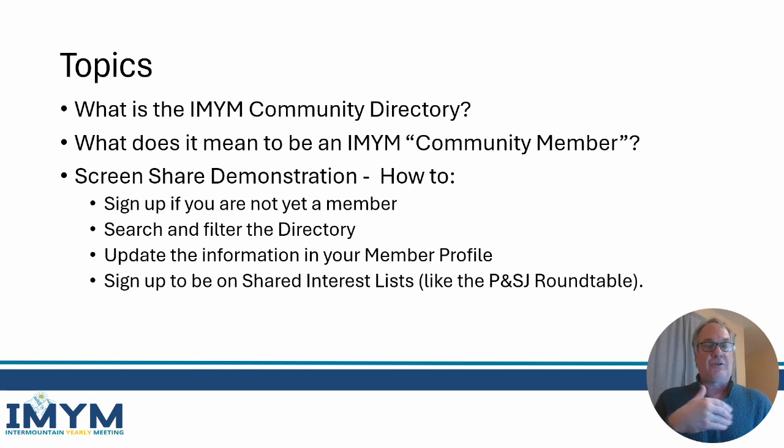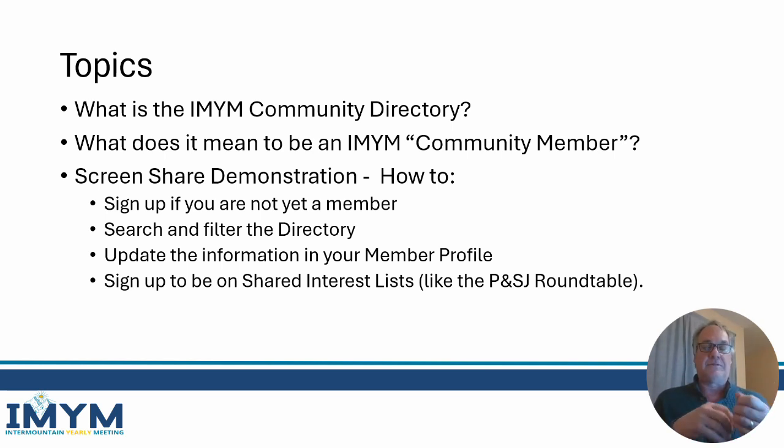And then I'm going to do a quick screen share demonstration to show you how to go to the website, sign up to be a community directory member if you're not already in there, how to open and search the directory to find folks, things like a specific person or all the people in a specific monthly meeting or all the folks on a committee.